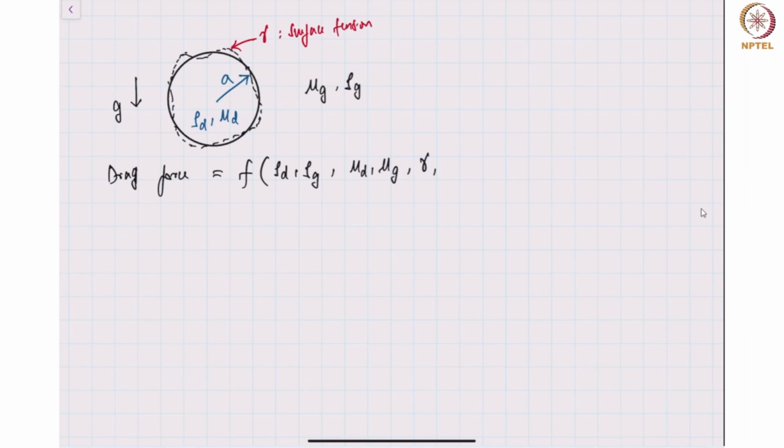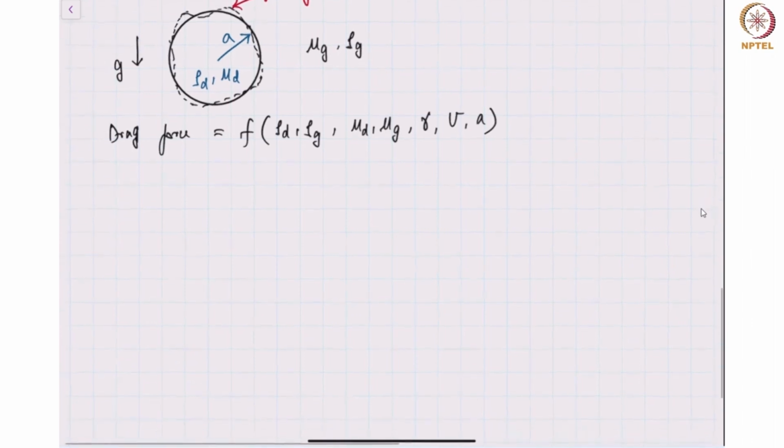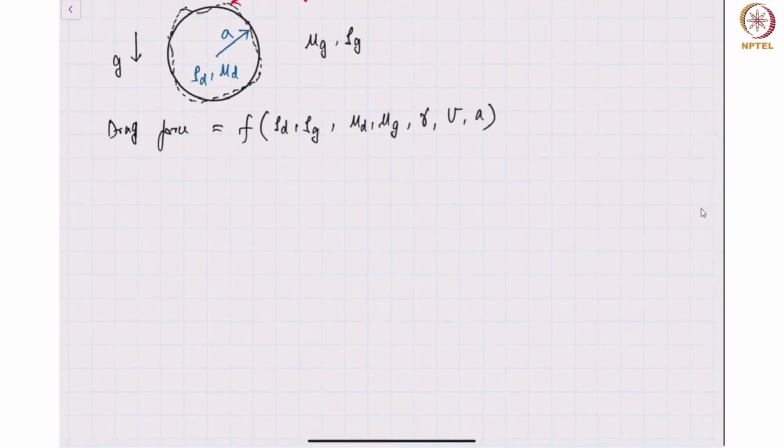And you can also have a velocity that is imparted to the particle or the droplet, and the typical characteristic size of the droplet.